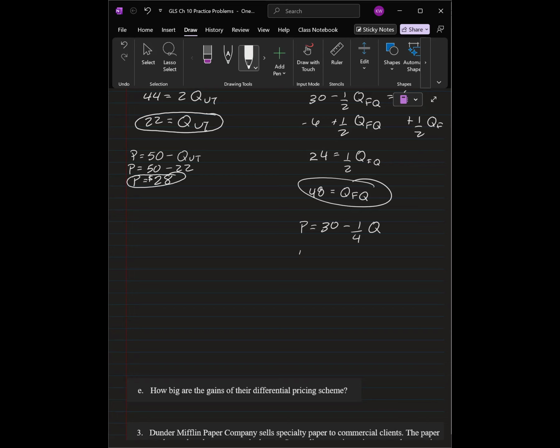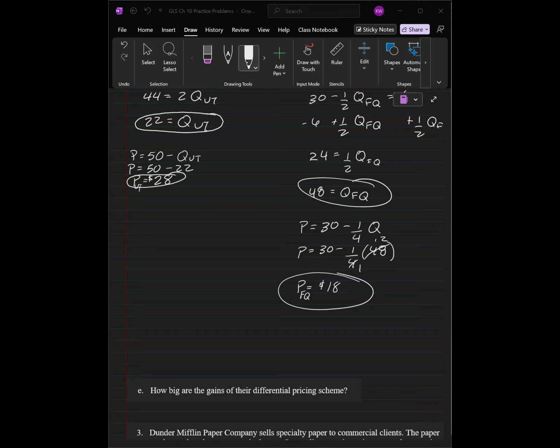And then for the French Quarter, we're going to get price equal to 30 minus 1/4 times 48. 4 goes into itself once and into 48 12 times. 30 minus 12, that's going to get us 18. So the price in the French Quarter is going to be $18 and uptown it'll be 28. Okay, so you can see that the French Quarter tourists are being charged a lower amount and having more meals sold, whereas uptown they're being charged more and having fewer meals sold.